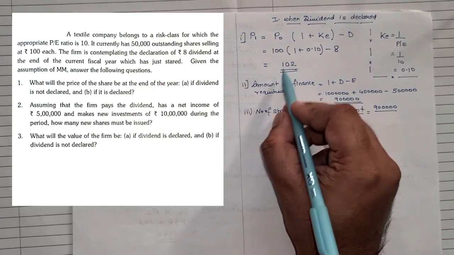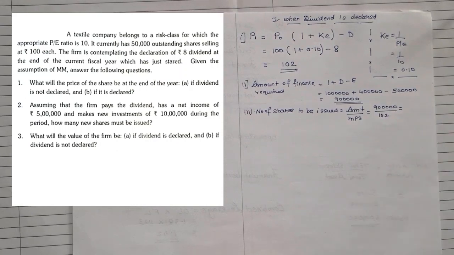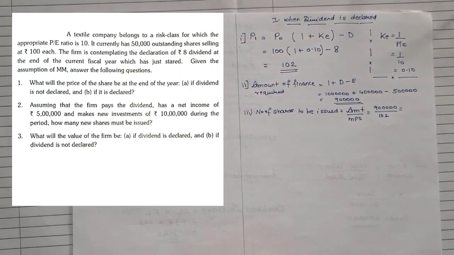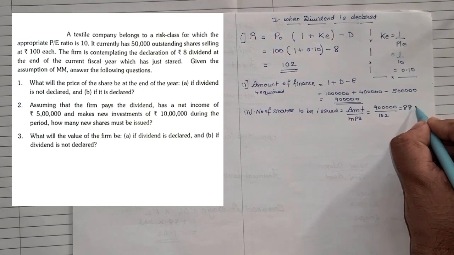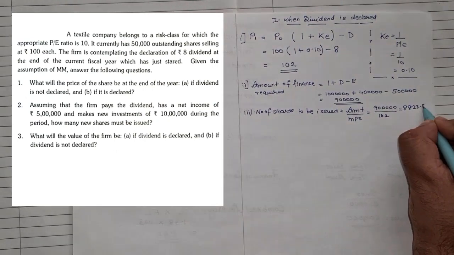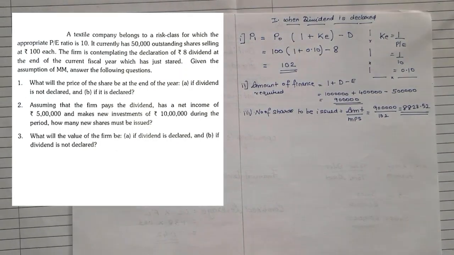Market price is nothing but the price we got, that is 102. When you divide 9 lakh by 102, you get the value as 8,823.52. So that's basically the new number of shares that are required.